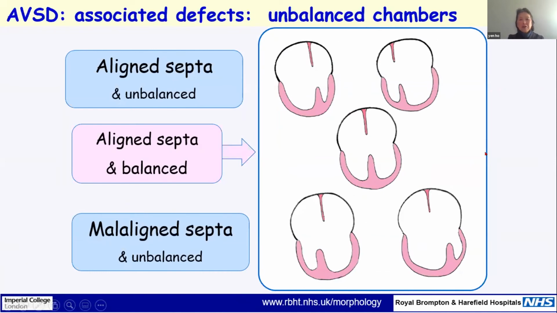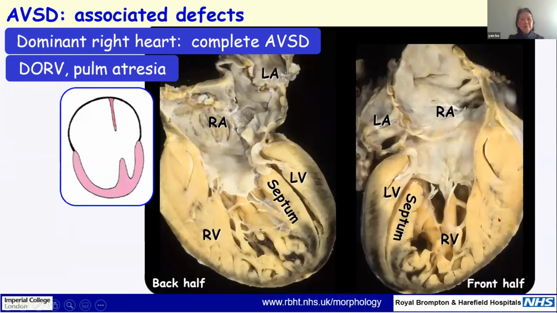And finally, the unbalanced ventricle situation, or chamber situation rather. You can have aligned septa, atrioventricular septum, or you can have a malaligned septum of one sort or another, impinging on one of the chambers. So unbalanced. An example here then, in this situation, very small left ventricle and very small left atrium.